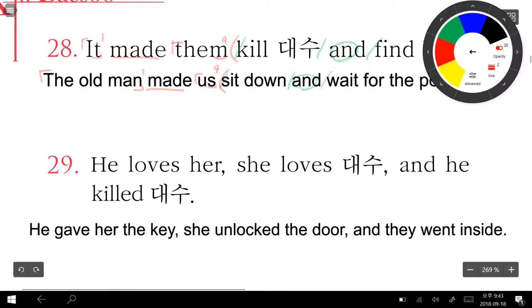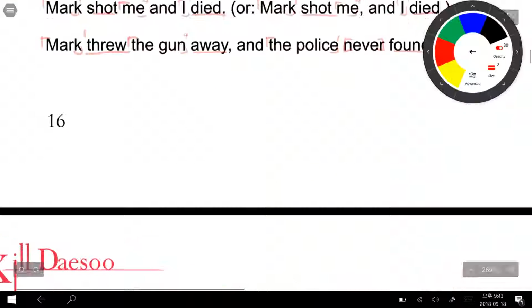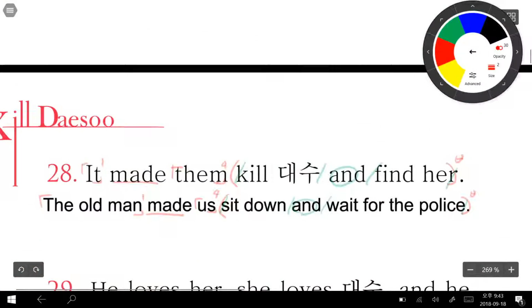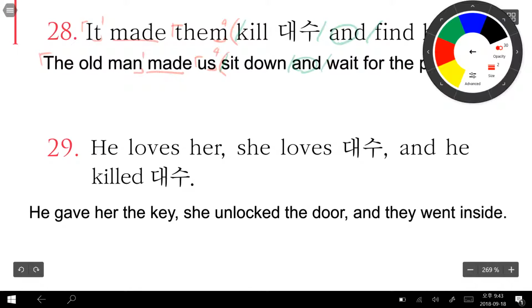Sentence 29, he loves her, she loves Desu, and he killed Desu, is similar to sentence 27, but it contains 3 independent clauses. If a sentence contains 3 or more independent clauses, each clause will be separated by a comma, except for the last clause, which will have and before it. Let's look at the parts of the sentence.